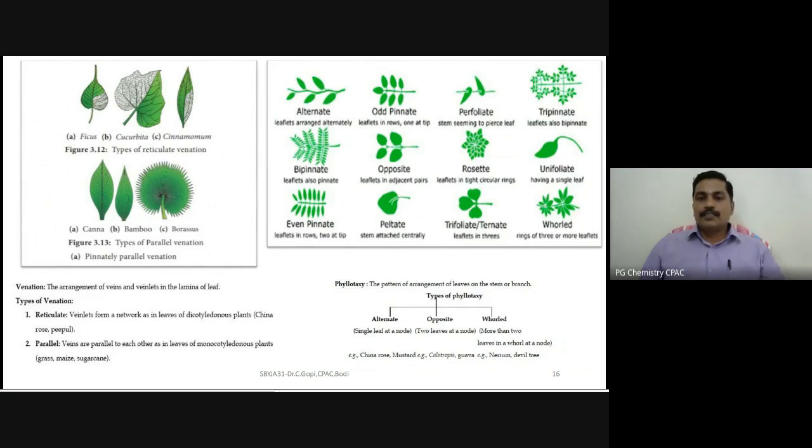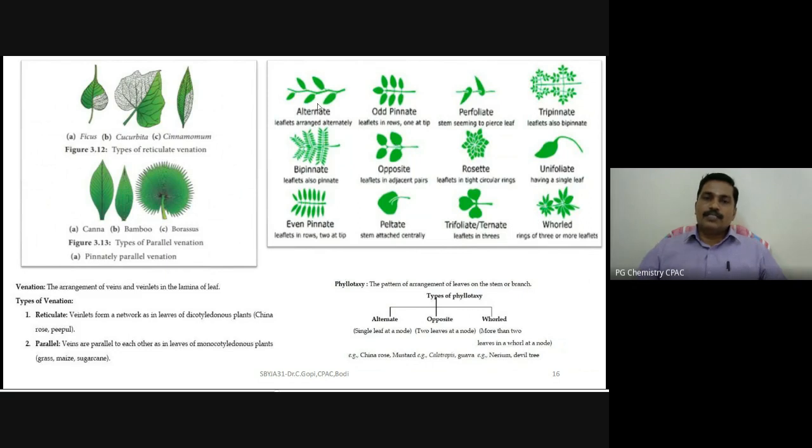Okay, and let's see the different types of compound leaf or arrangement. The arrangement of leaves is called phyllotaxy. The leaves are arranged on the stem in different manners, and that arrangement is called phyllotaxy. If the leaves are arranged alternately, that is alternate arrangement.